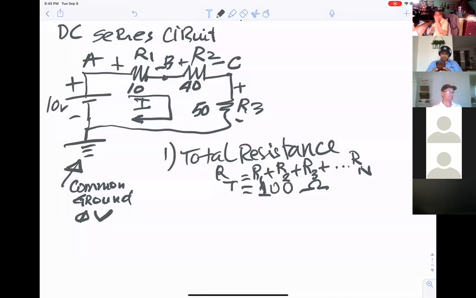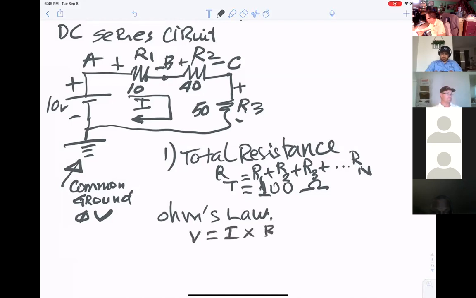The other thing: do you understand Ohm's law? Ohm's law is the relation between the voltage, the current, and the resistance. So V equals I times R. In this formula, V must be in volts, I has to be in amperes, and R has to be in ohms.